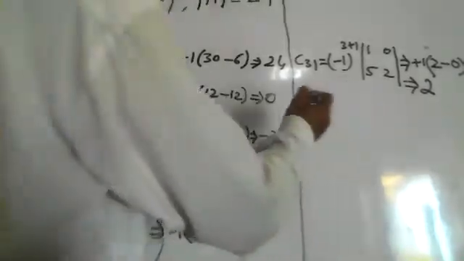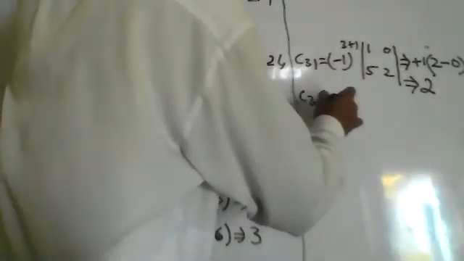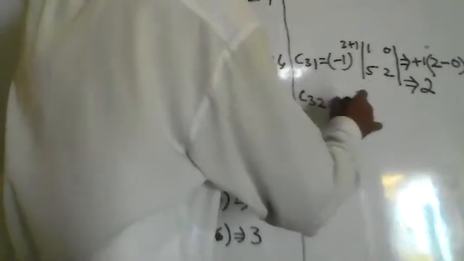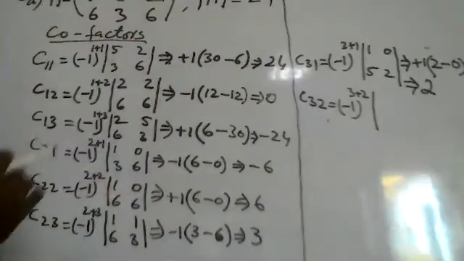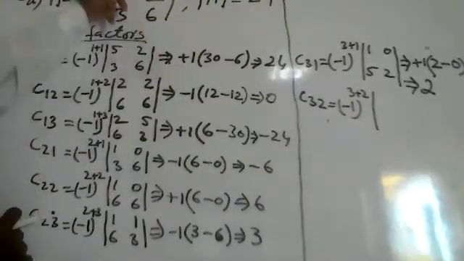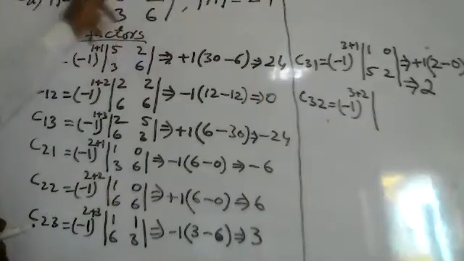Now C32. Minus 1 raised to power 3 plus 2. The third row and the second column will be left. The remaining 1, 0, 2, 2.